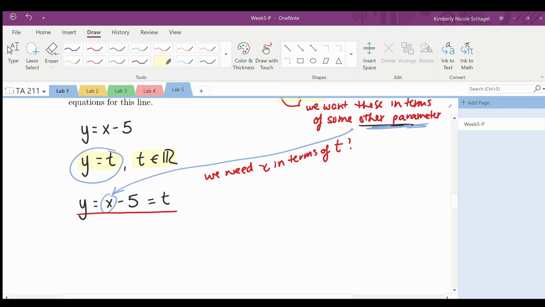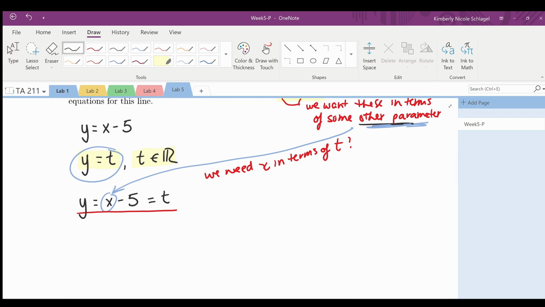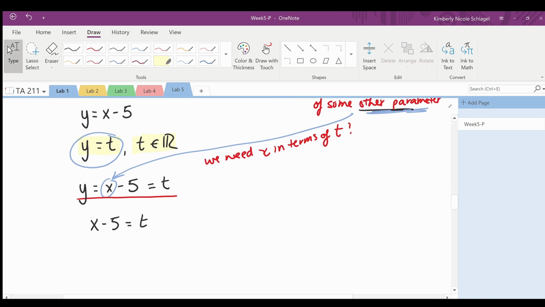So we write x minus 5 equals t, because remember y is equal to t. All we have to do is isolate for x, so x equals t plus 5. Now we have exactly what we want: y in terms of t, and x in terms of t.